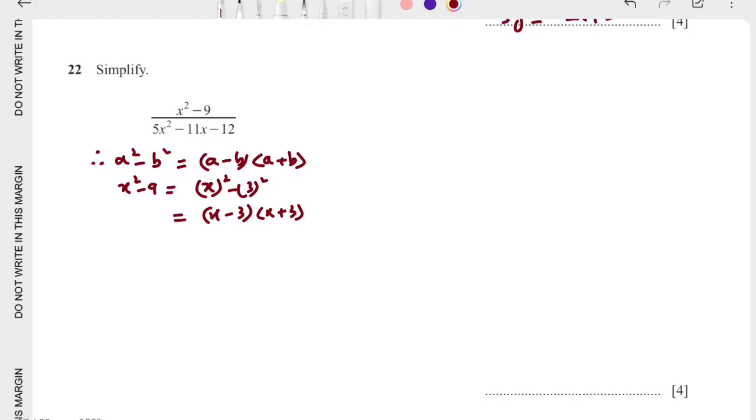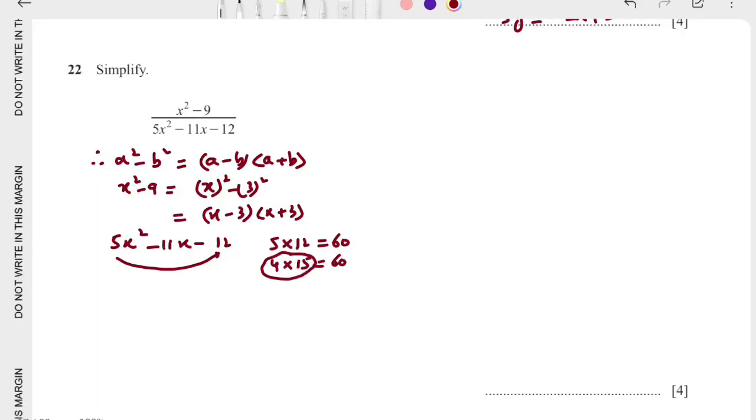For the lower part of the fraction, we have to split the middle term. We'll find factors: 5 times 12 equals 60, and 4 times 15 would also be equal to 60. So these are the appropriate factors for breaking the middle term.